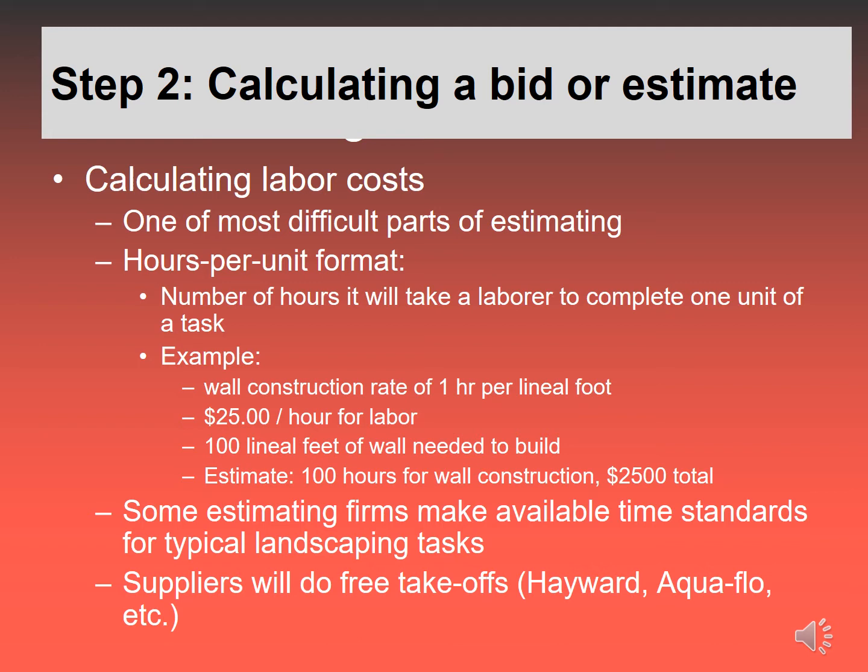So you want to break it down to the smallest unit to be able to translate that and use that in the next job, to know how long it will take for something that's similar but of different size and dimension.